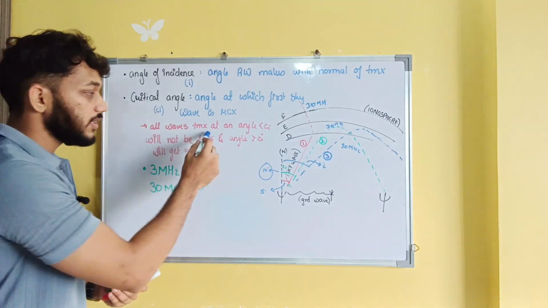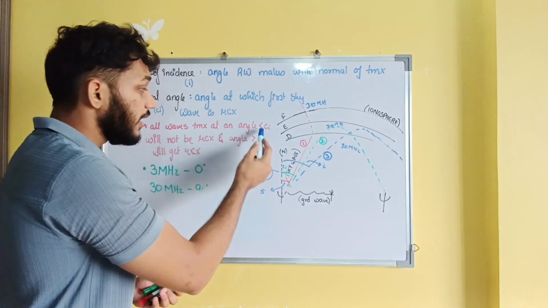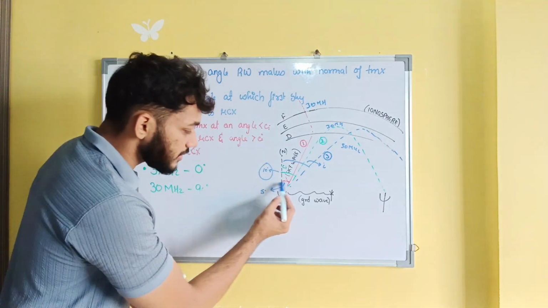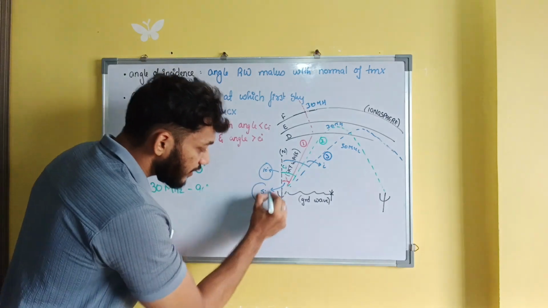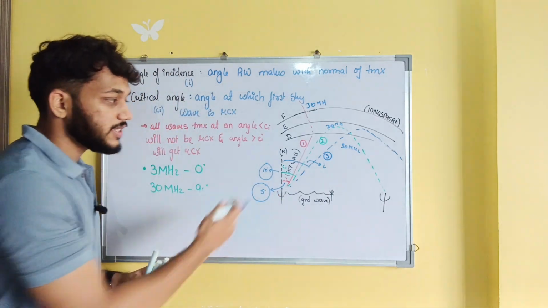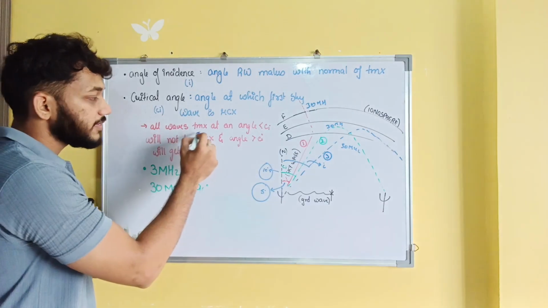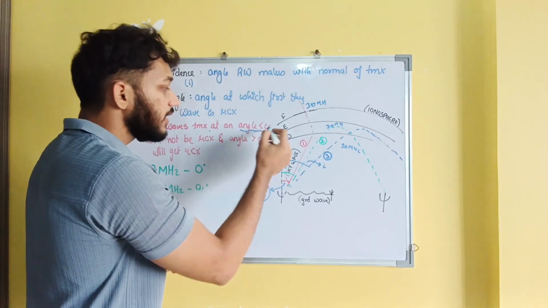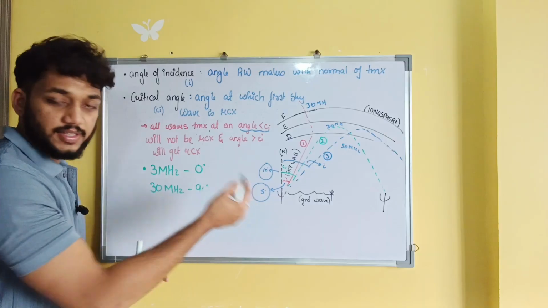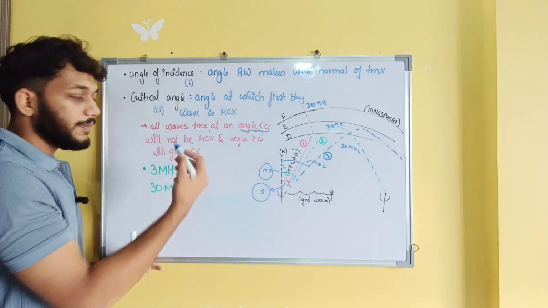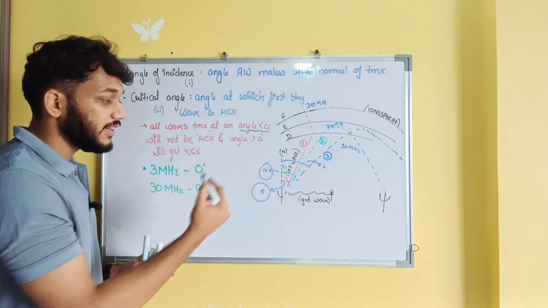So all the waves transmitted at an angle of less than critical angle. So in this case, if you can see, अगर हम wave को 5 degree angle of incidence से भेज रहे हैं, then it is escaping our ionosphere. So all waves transmitted at an angle less than critical angle, that is less than 10 in this case, will not be received. An angle greater than 10 degree.